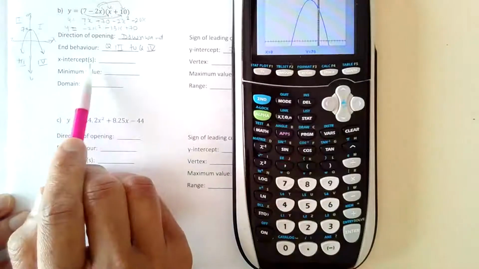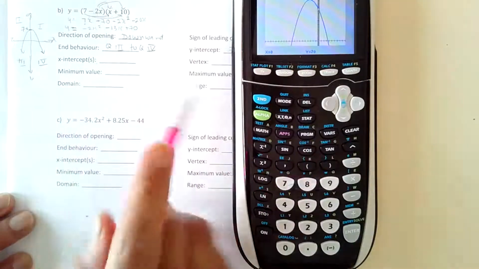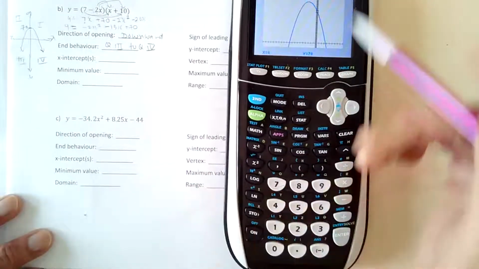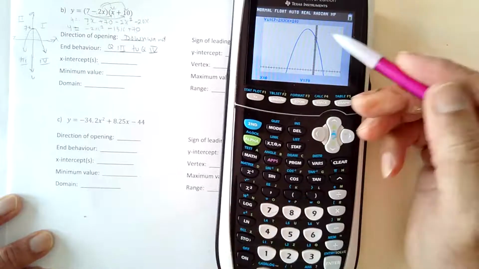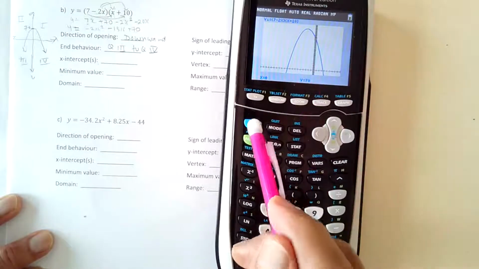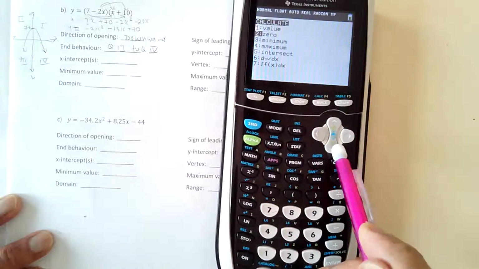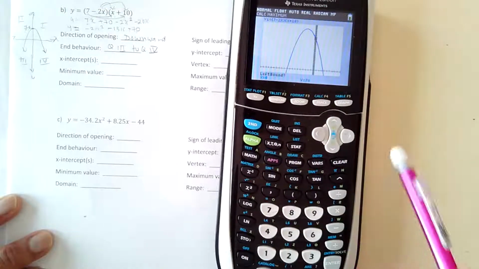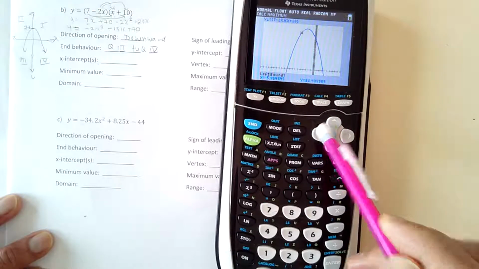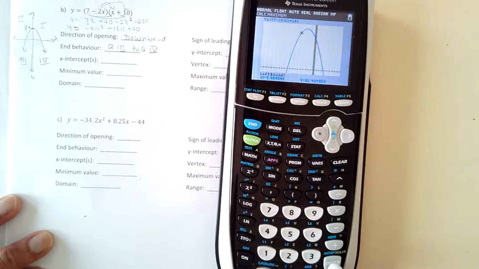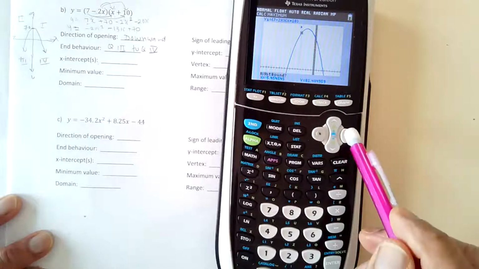Now, we know there are x-intercepts. We'll find those in a moment, but let's find the vertex. The vertex now would be your maximum value. So you press second trace, go to your maximum. For the left bound, you have to move your cursor to the left of the vertex. Press enter, then move it to the right.